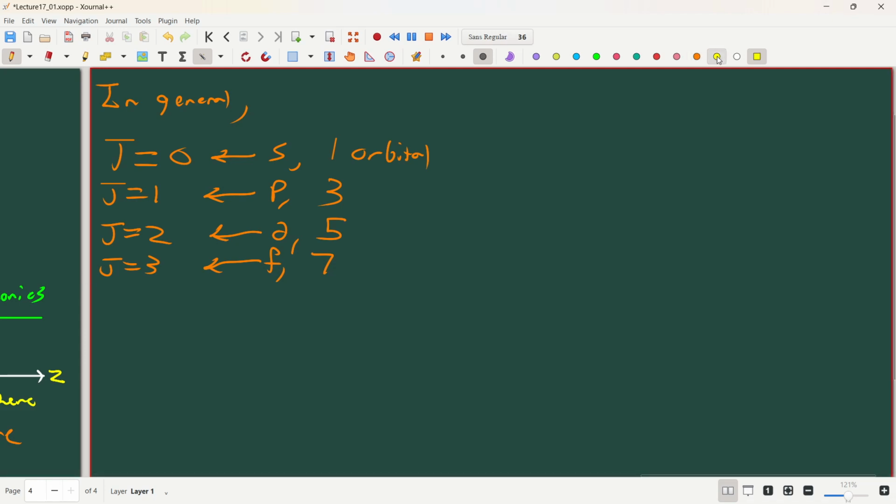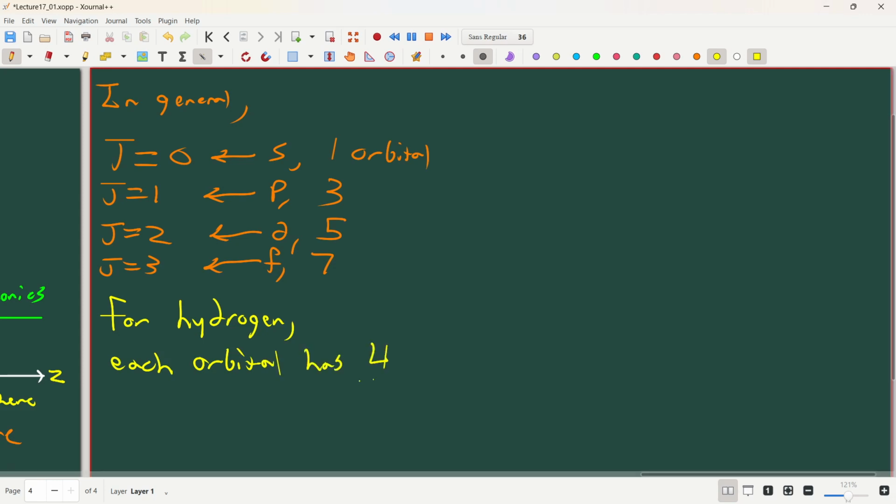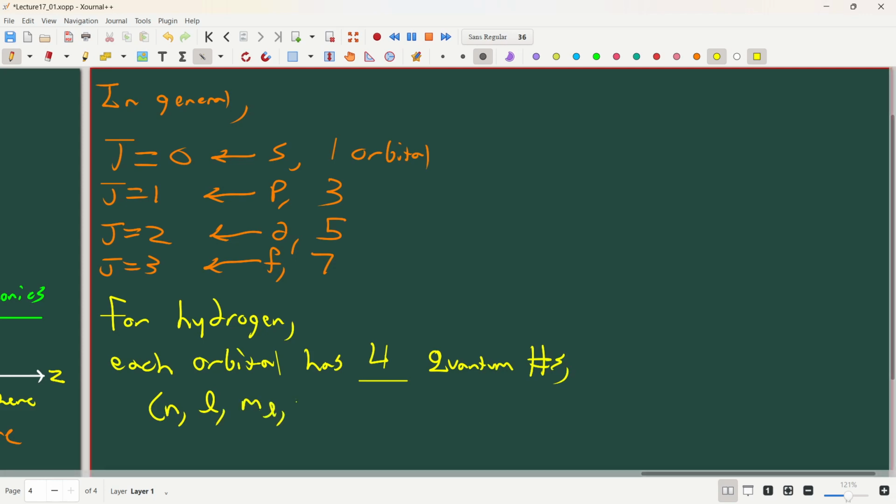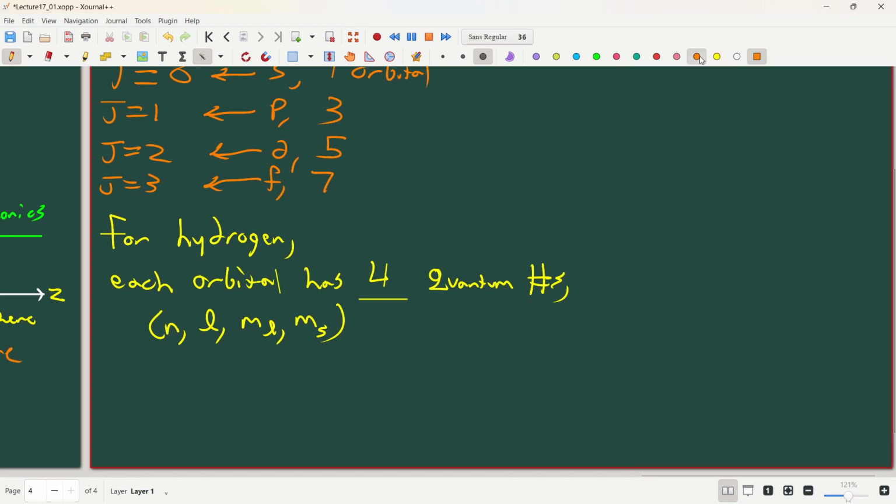I'll just write that down. For hydrogen, each orbital has 4 quantum numbers, N, L, M sub L, and M sub S. We haven't gotten N yet.